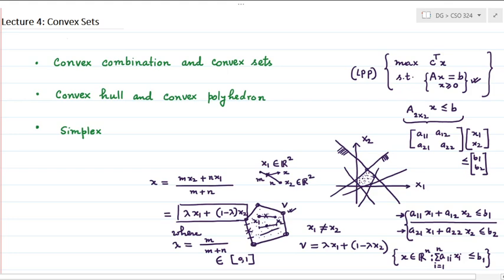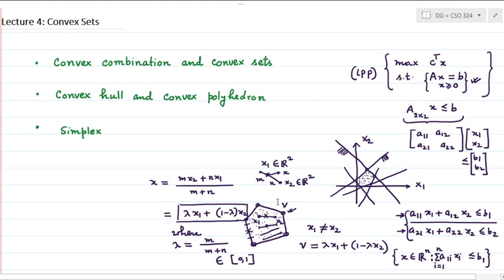You notice that the feasible region, the geometric region given by the constraint set Ax equals b together with x greater than or equal to 0, has a very special property: you take any pair of points inside this polygonal region, and then you take the line segment, and you notice that the entire line segment is inside that polygonal region. Such a set is called a convex set.